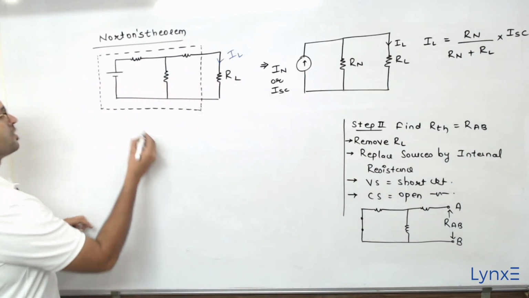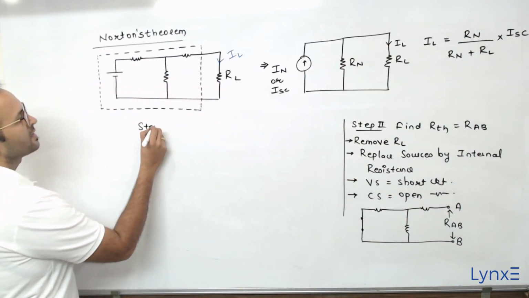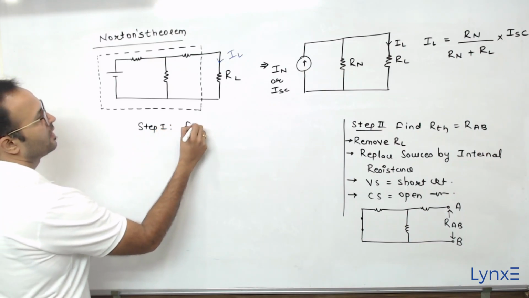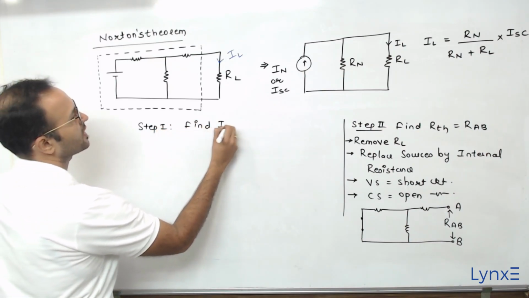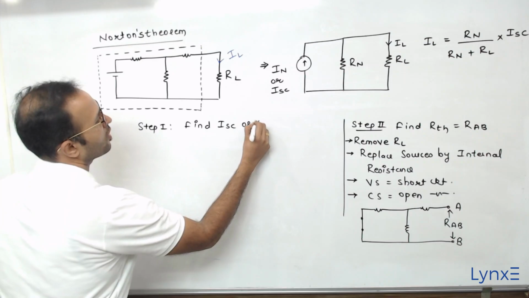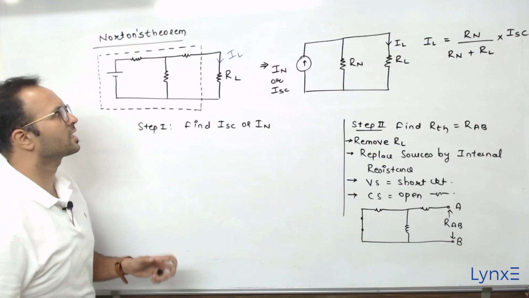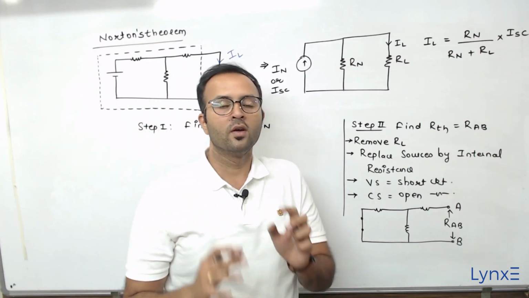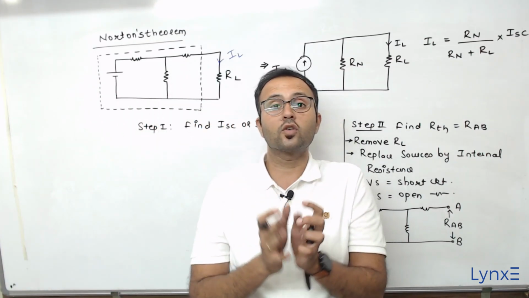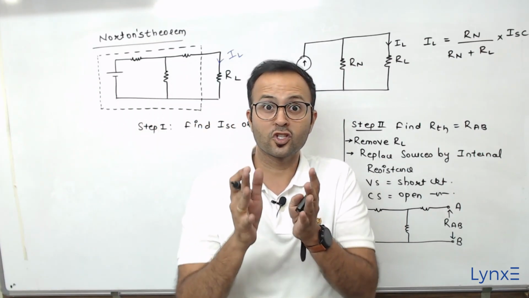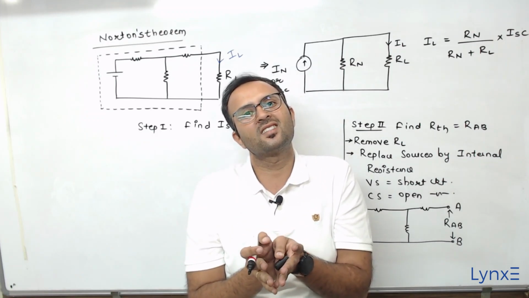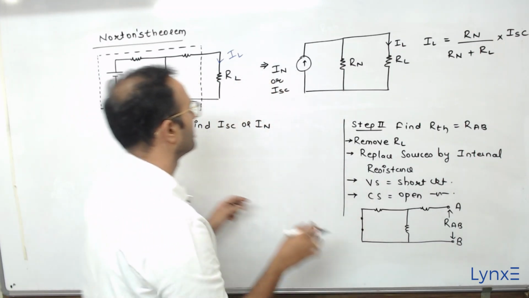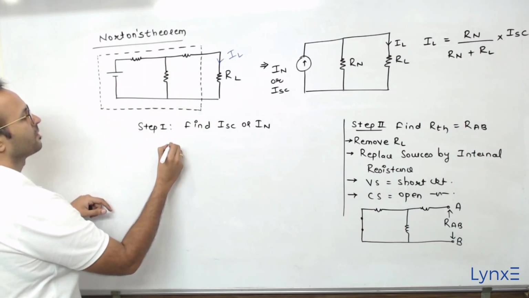Let's start. Step number 1 is to find the short circuit current ISC, also named IN. What does short circuit current mean? In this circuit, to find the current, you need to short the RL. You're shorting the RL, that's why it is named the short circuit current.